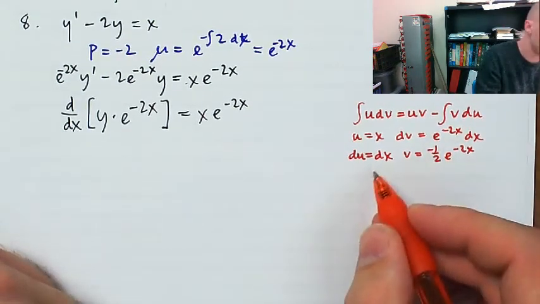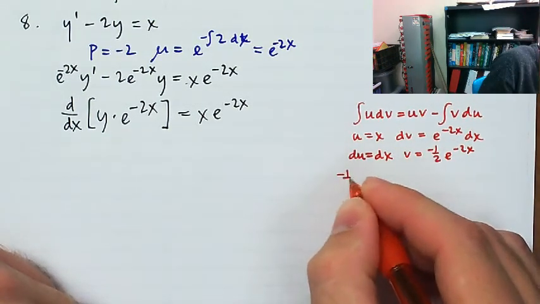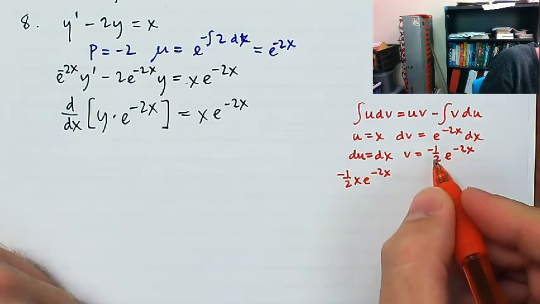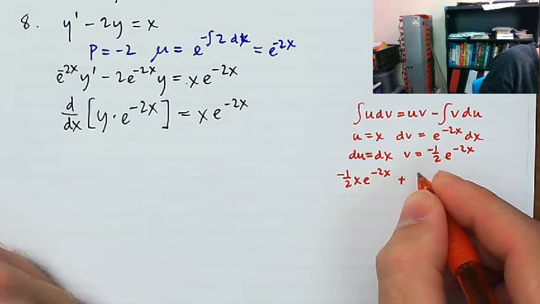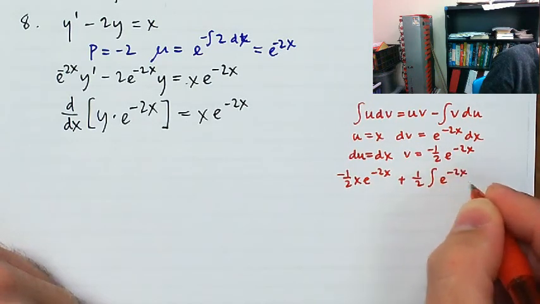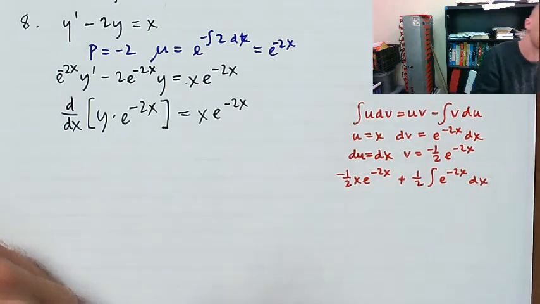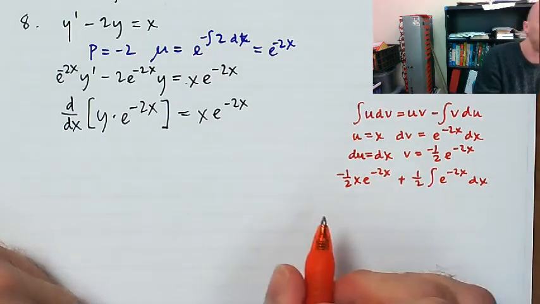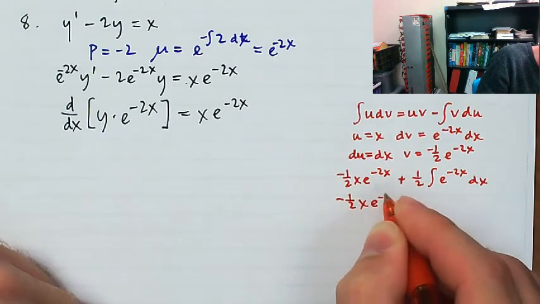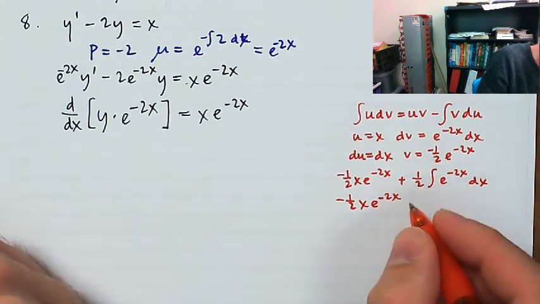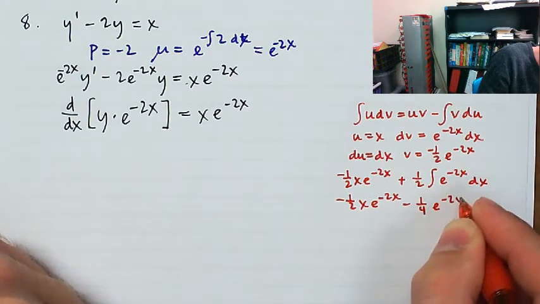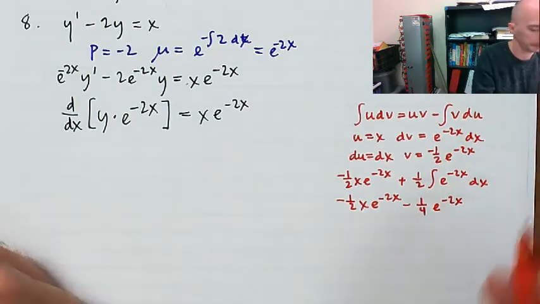So that antiderivative is going to be uv minus the integral of v du, so plus 1/2 of the integral of e to the negative 2x dx. And that will be negative 1/2 x e to the negative 2x minus 1/4 e to the negative 2x plus c.